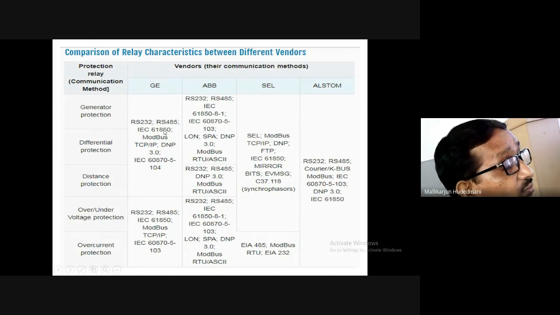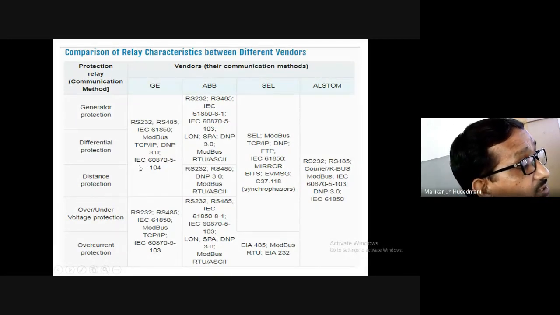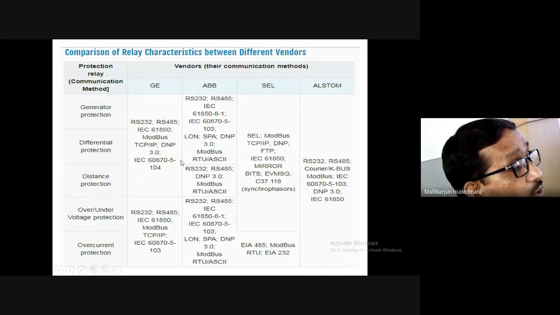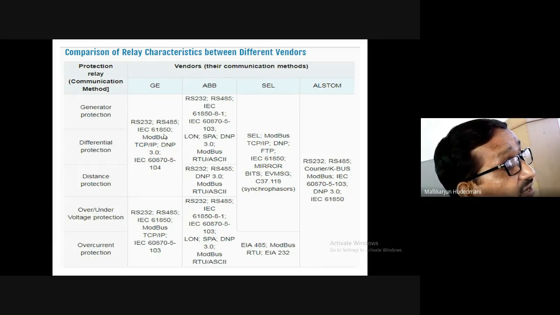General Electric is working with different controllers for these things using RS-232, RS-485, IEC 60870, Modbus, DNP. So this is what I wanted to project here: whatever we have discussed, the communication mechanisms, communicating protocols, where they are used, who is using them, where they are applicable, I wanted to cross connect so that you remember them in a very effective manner.